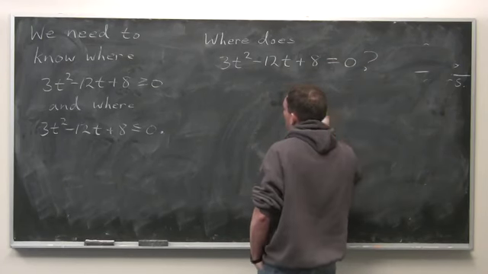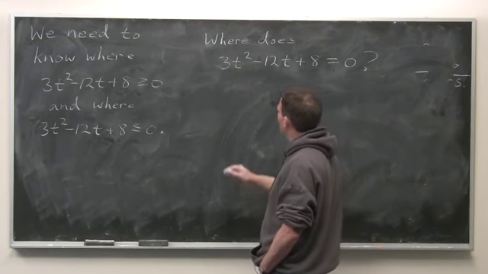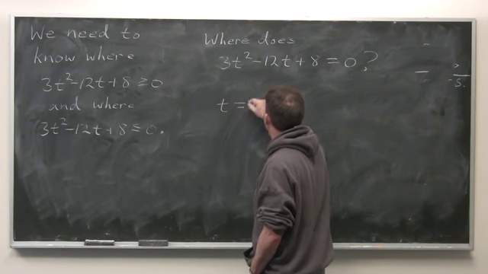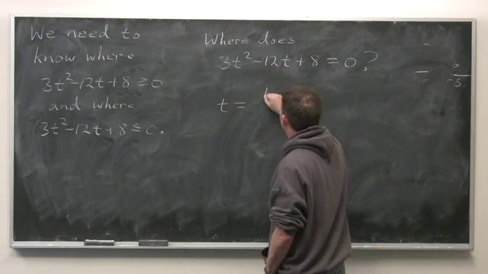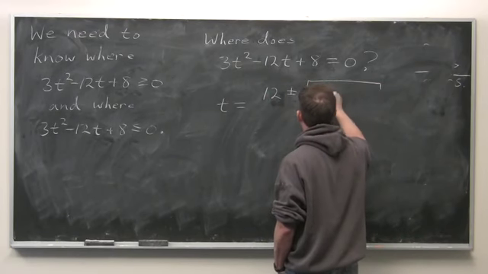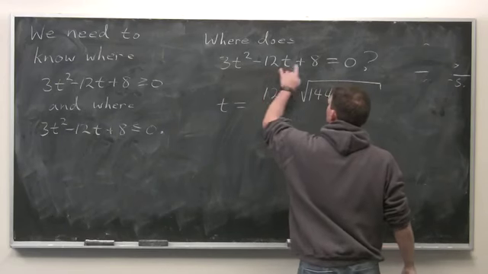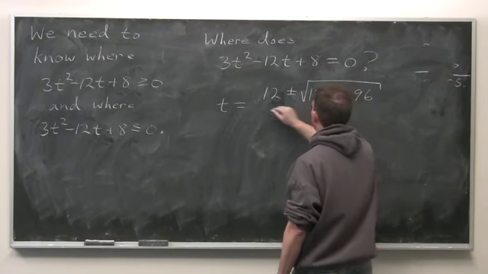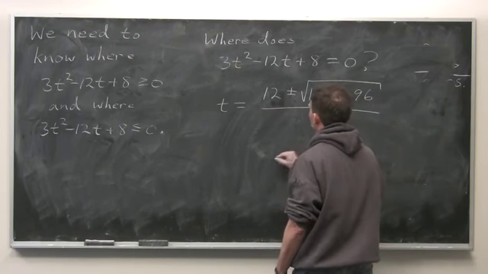Well, use the quadratic formula, which we expect you to know. So t is negative b, so negative negative 12, plus or minus the square root of b squared, that's 144, minus 4 times a times c, that is minus 96, all over 2a, which is 6.